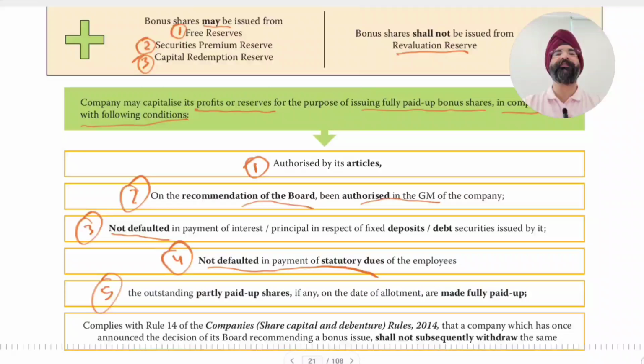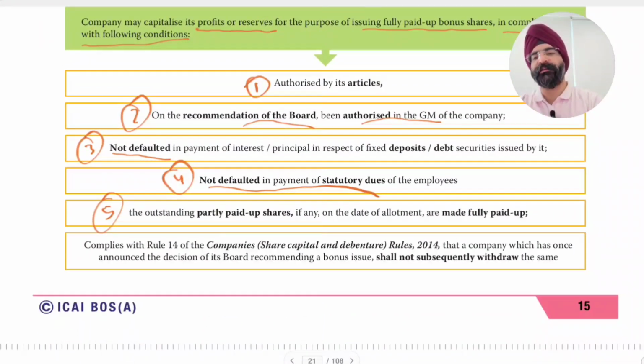Then rupees 4 are yet to be called and received by the company. So in case of partly paid shares, a bonus issue cannot be done. First, we have to ensure that shares are fully paid up, complete face value amount is received, and only then we can issue bonus shares.